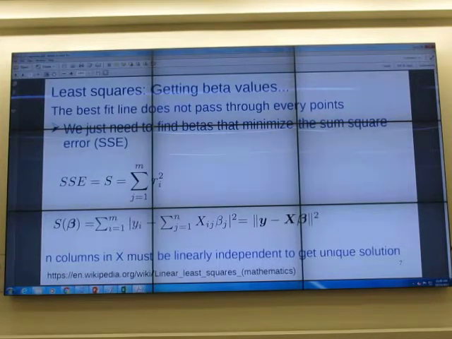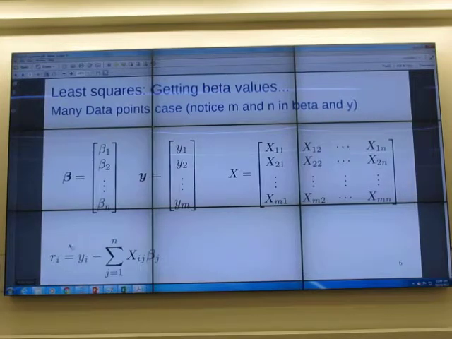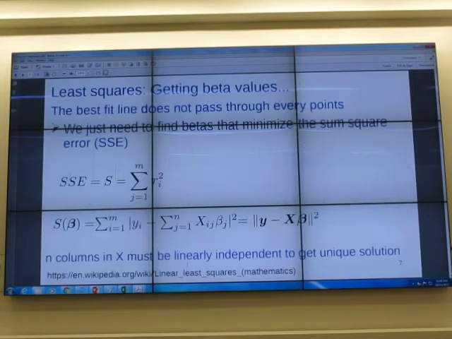Sum square error is the sum of the square of the error. Is that clear? So residual is the error, right? Error is prediction minus true value. That's the error. Error square, and you sum it, then you get the sum square error. SSE. That's sum square error.